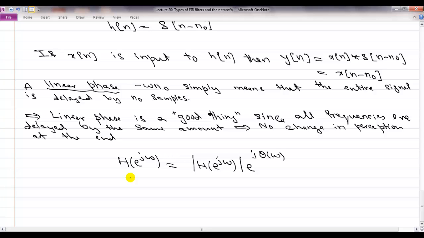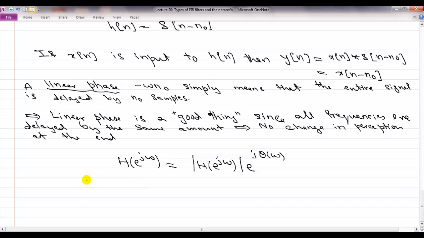If you have perfect linear phase, then that's great, because that means that the order in time in which the frequencies were entered is the order in time that they will exit, maybe with certain delay, and there will be no change in perception. If you build a low pass filter, for example, with the same magnitude, but actually your phase is not linear, what you will hear at the end will sound different than the case when you had a linear phase. The reason for that is that some frequencies are being delayed more and some frequencies are being delayed less.